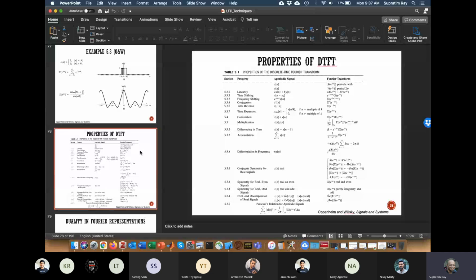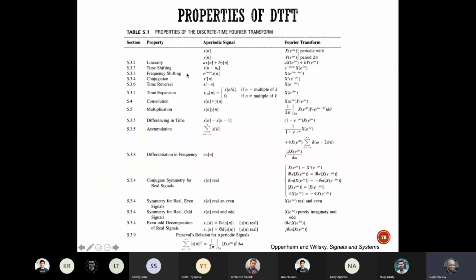Time shifting. If x is shifted, what happens to the Fourier transform? Okay, this is the answer. This is DTFT. It's a similar one for DFT as well.